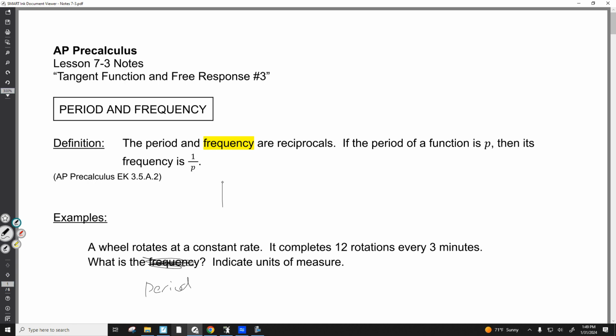A period is how long, typically a time, it takes to complete one cycle of your situation.